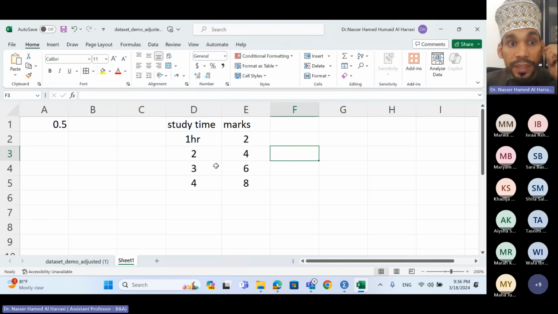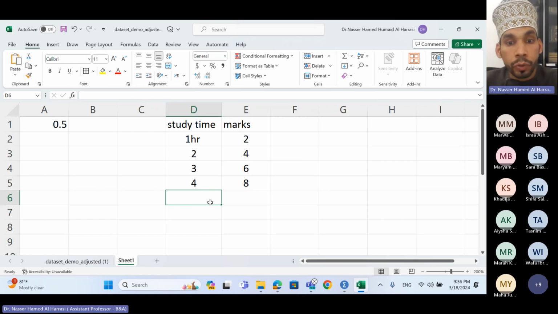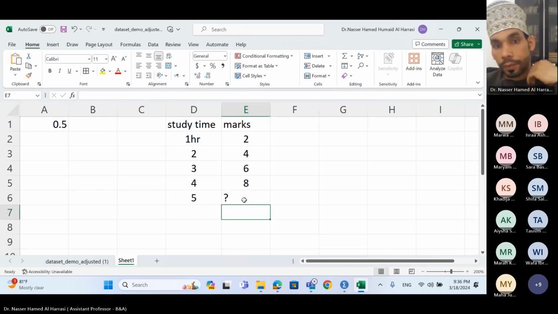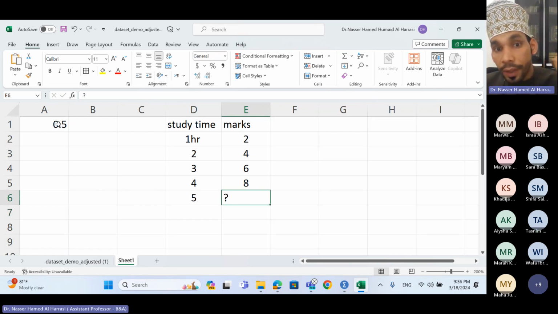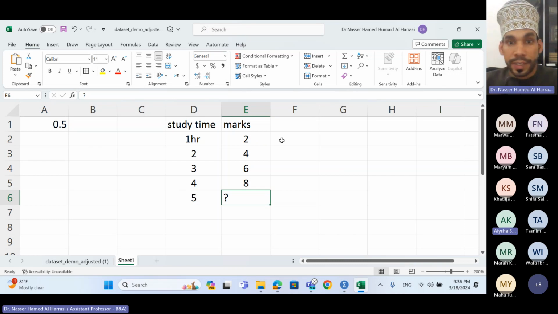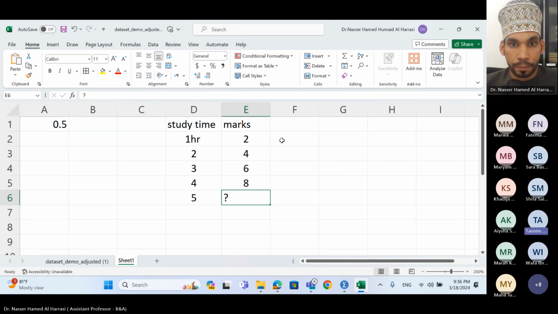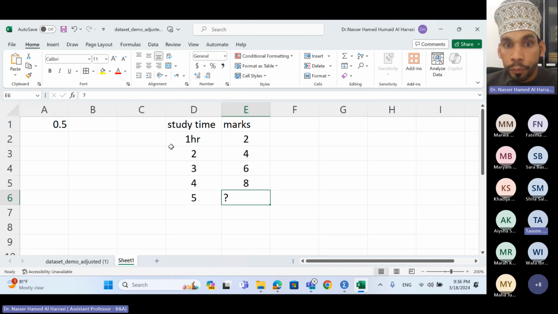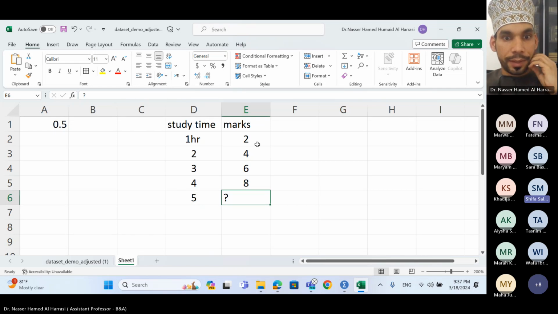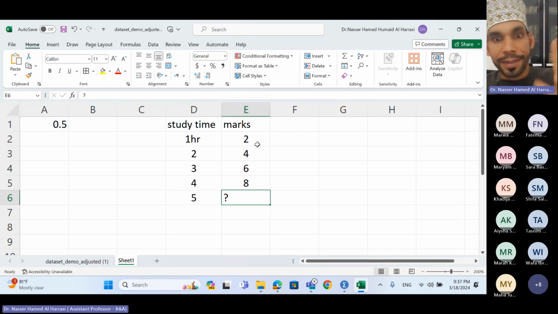Now, based on this, if I'm going to make an assumption, if I'm going to study 5 hours, what will be my marks? Consider the effect size of 0.5. 10? Why did we say 10?